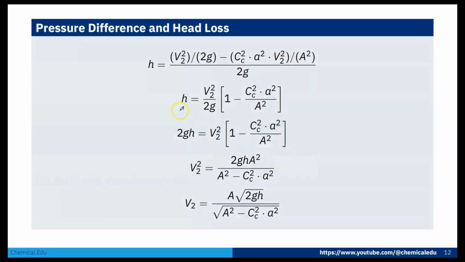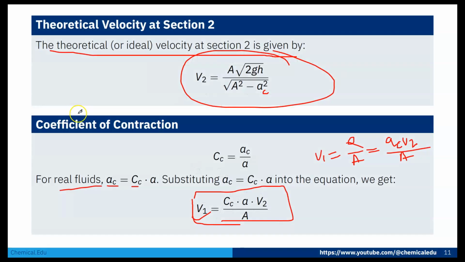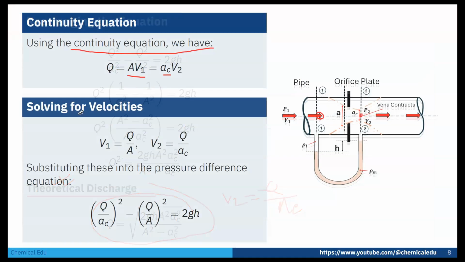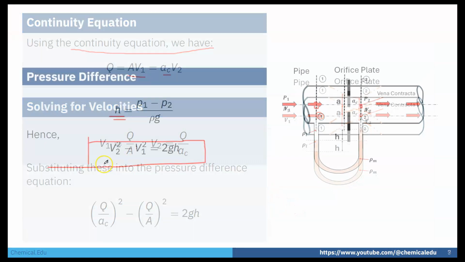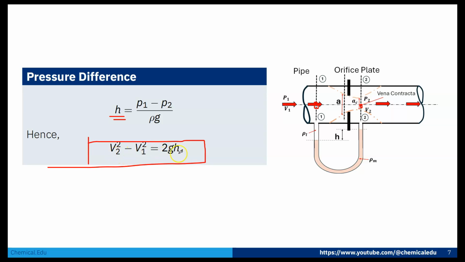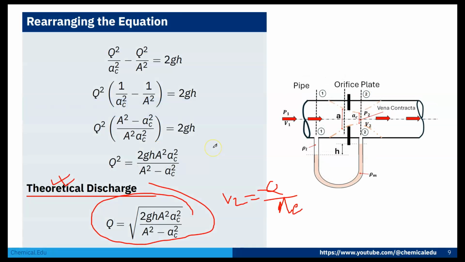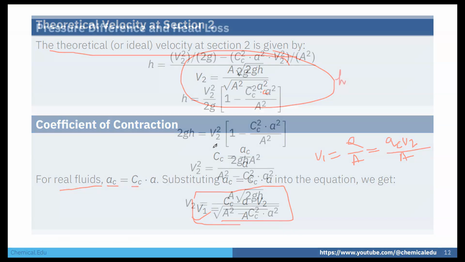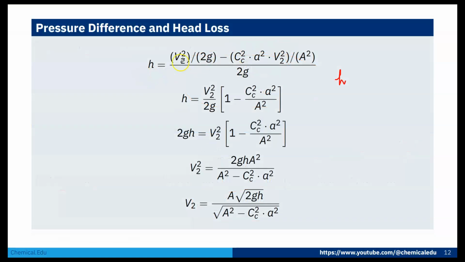Now here again on pressure difference, we know pressure difference and head loss. So H is equal to, we got that right here. This is V2 square minus V1 square is equal to 2gh. So V2 we got now, V1 we know. So from here we can easily get H as V2 square by 2g minus CC square A square V2 square by A capital square by 2g.